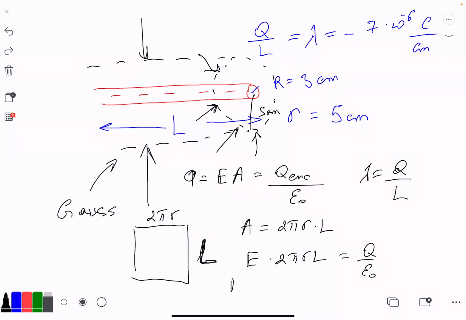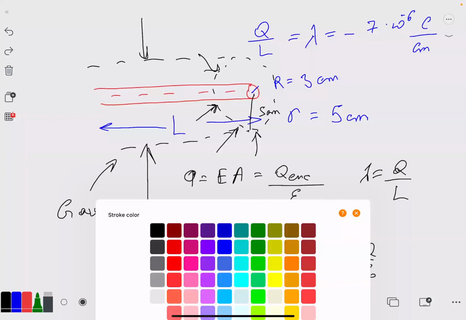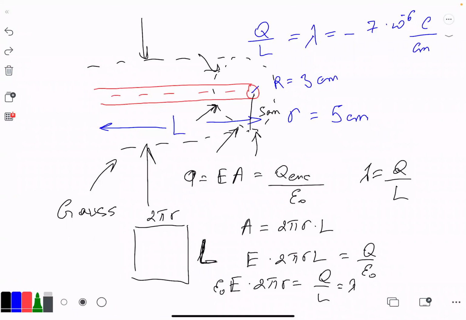So we can make it E times 2 pi r is equal to, bringing epsilon naught here, Q divided by L. So that gives you lambda, correct? Lambda is given, small r is given, epsilon is given. We have to find the electric field at distance small r, which is 5 centimeters.